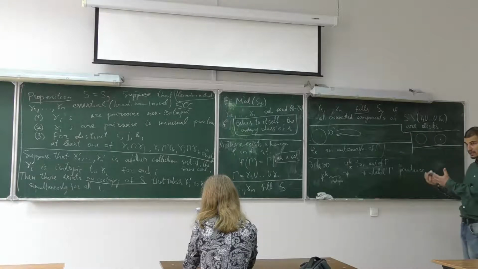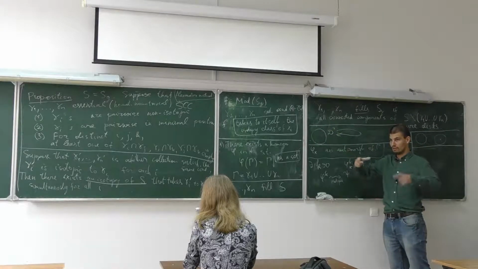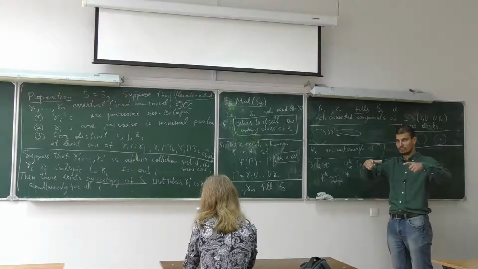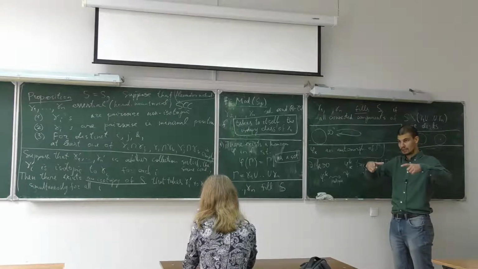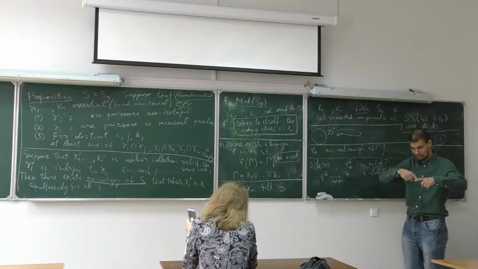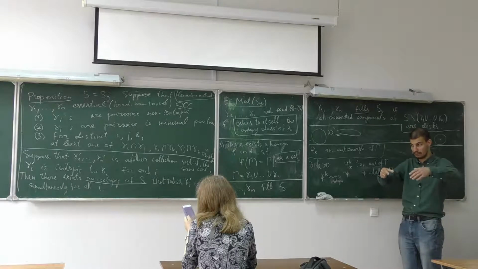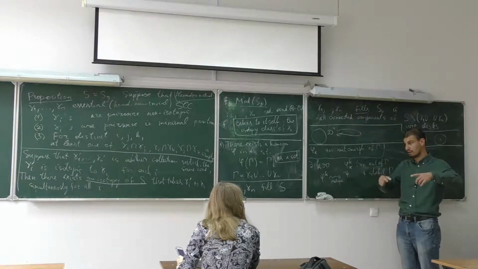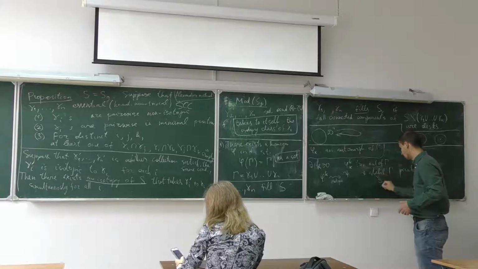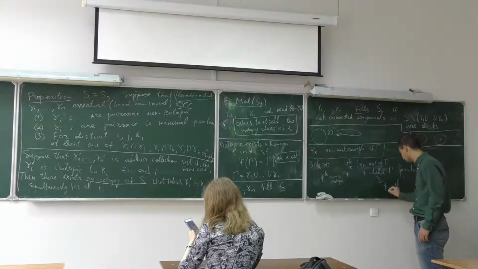And now, if this graph gamma fills the surface, then we see that all connected components are disks, and the boundary of each of them is stabilized pointwise. So by a further isotopy, we may achieve that psi is just the identity automorphism, well, up to isotopy.